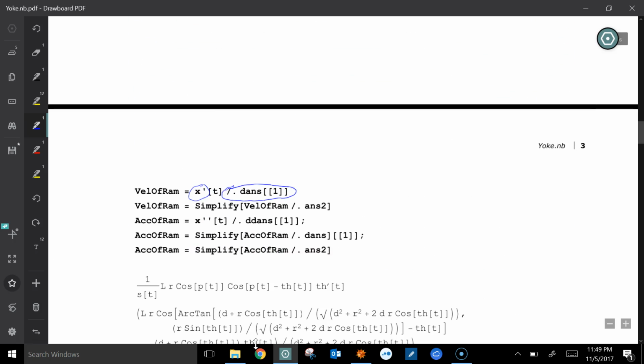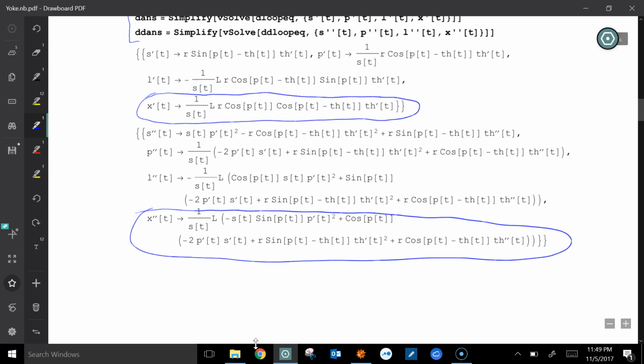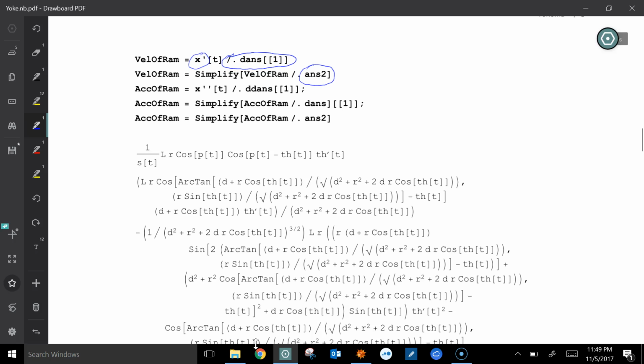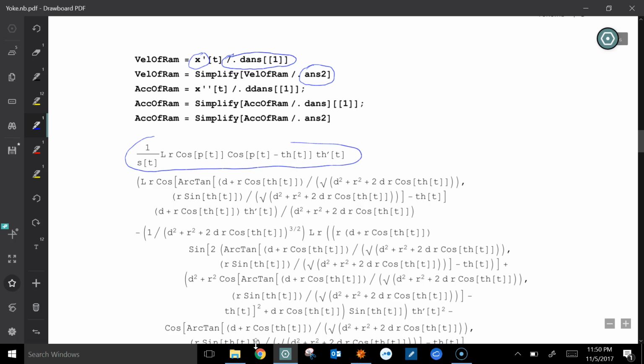So I'm taking X tick using the answer here. So basically, it's going to pull off the right-hand side of that. The velocity of ram, and then I'm just going to simplify it.